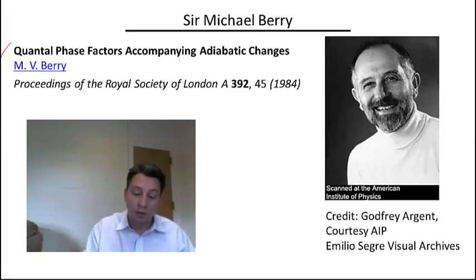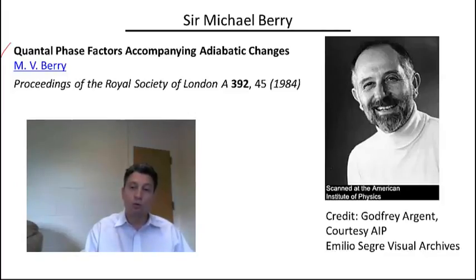Even though it's a research level paper, which in all likelihood may lead to a Nobel Prize for Sir Michael Berry, you are well equipped to understand everything in this paper, both the derivation and the final results, because it requires nothing but the basic knowledge of single particle quantum mechanics and the Schrödinger equation. So we're going to reproduce part of the derivation in this part of today's lecture.